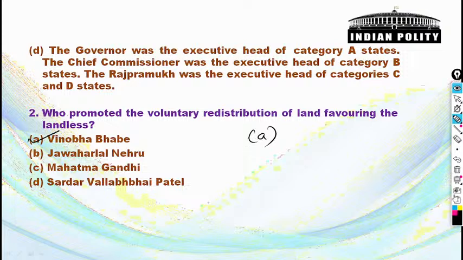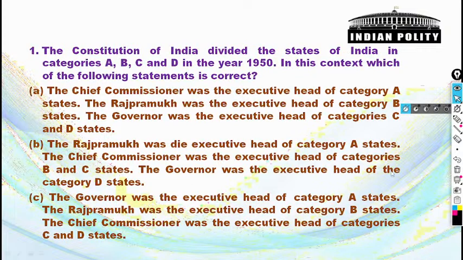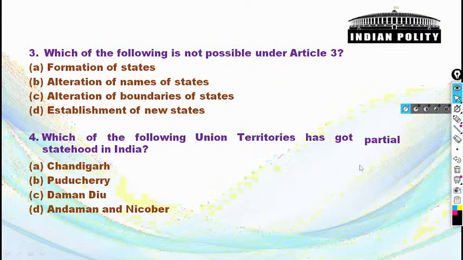Next we will come to question number 3. Which of the following is not possible under Article 3? Article 3 deals with formation of states, and formation by merging together of states and bifurcation of states can be possible.